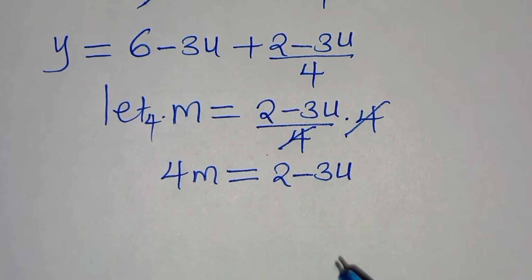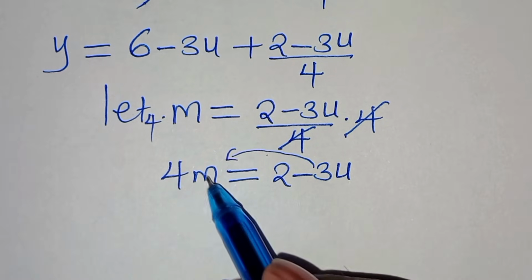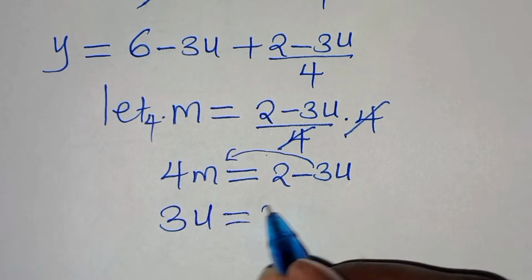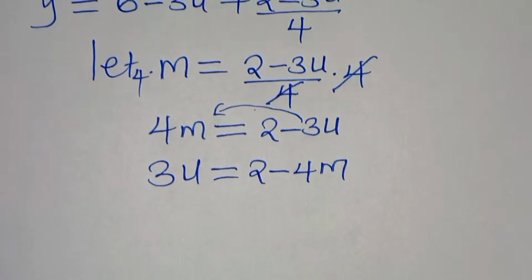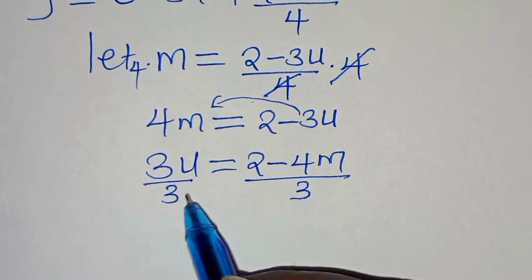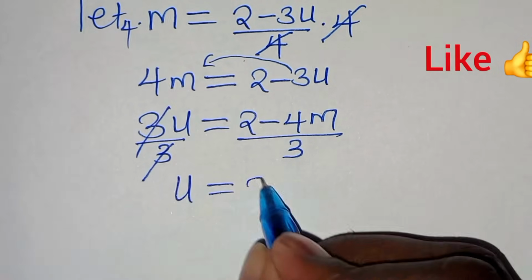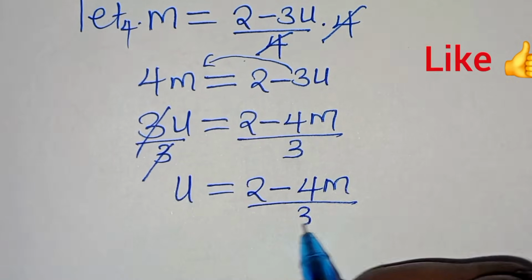So that now, let's take minus 3u on the left hand side and take 4m on the right hand side, so that we have 3u. This is equal to 2 minus 4m. So let's divide both sides by 3, so that u is equal to 2 subtract 4m divided by 3.